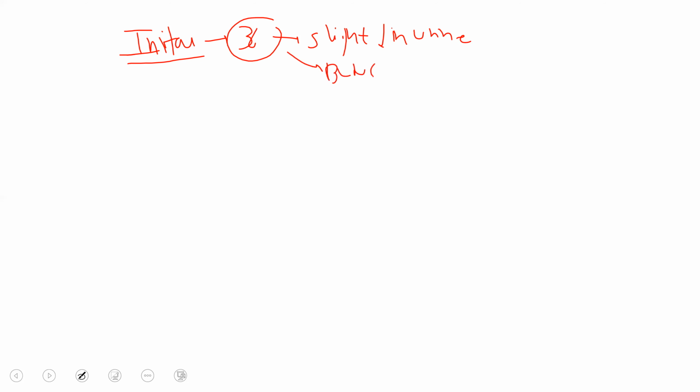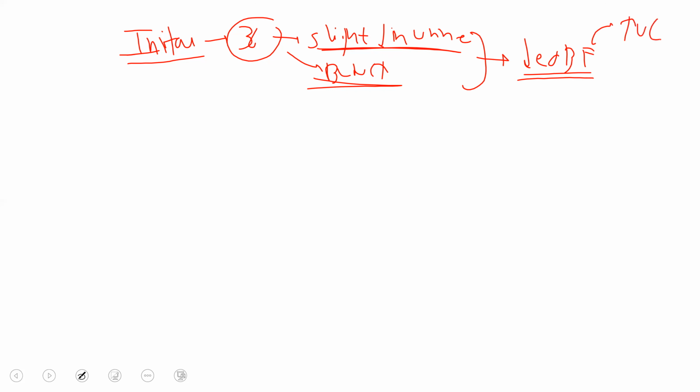BUN and creatinine will be rising, and there will be just a slight degree of oliguria, probably because there has been decreased blood flow in the early part of the disease. As I've already discussed, the blood flow decreases because there is increased production of vasoconstrictor substances and decreased production of vasodilator substances. So the decreased blood flow in the initial 36 hours manifests with a slight decline in urine output, oliguria, and a rise in blood urea nitrogen and creatinine.